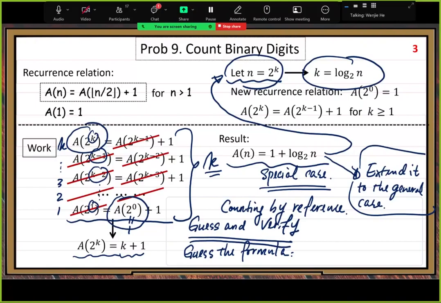We know the general case formula should be an integer function, because the number of bits must be an integer. And the log function, for the general case, does not give us an integer expression. When we apply the log base 2 function on integer n, most of the time we won't get an integer.